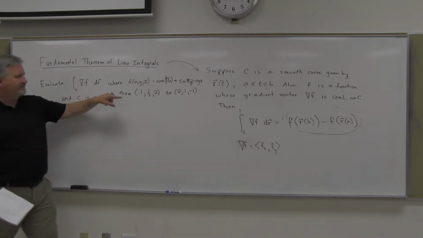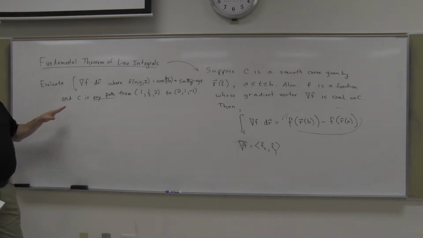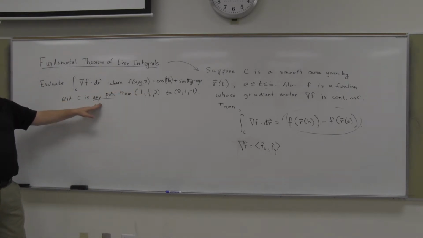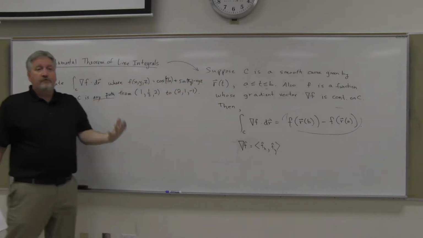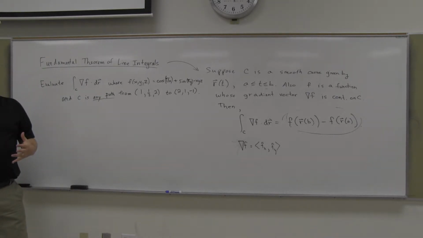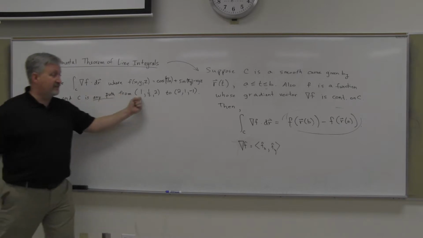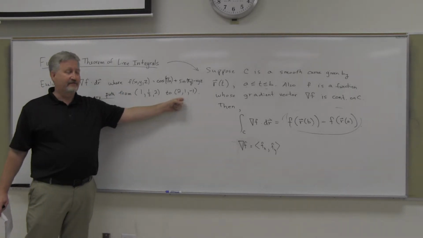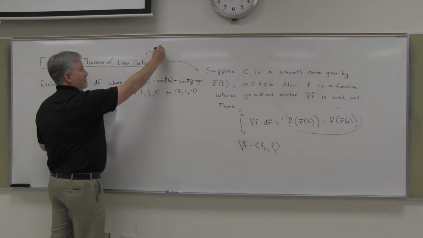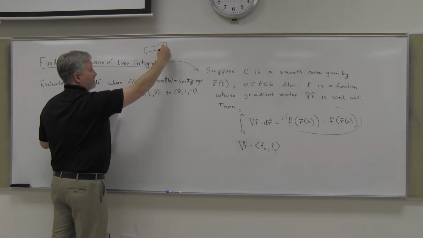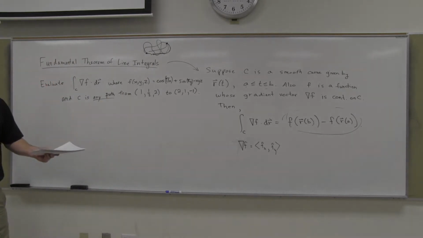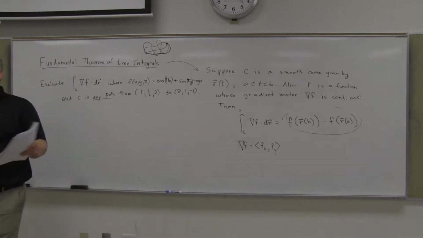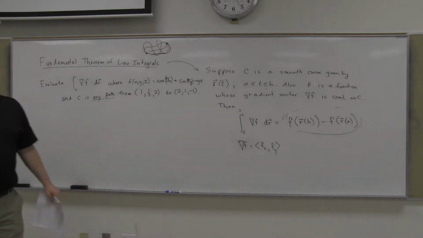But for this problem, the point is that it's any path. C here is a smooth curve given by R of t. We don't know what that is. It's any path, and we just know the endpoints of that path. Wherever it starts and wherever it ends, it doesn't matter the path you take. We're starting at this point and ending at that point. It doesn't matter the path, as long as it's smooth. It does have to be smooth.